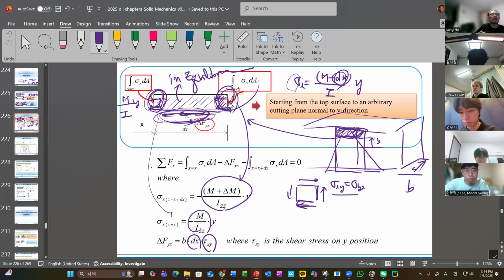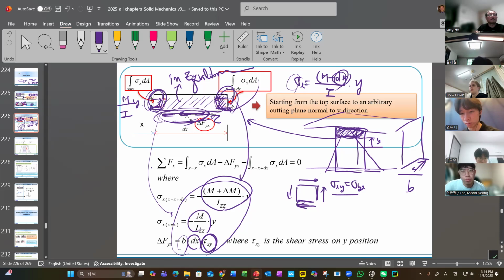So we multiply by B. Okay, so the summation of the three terms will be zero for this beam to be in equilibrium. Here, pay attention to the tau.